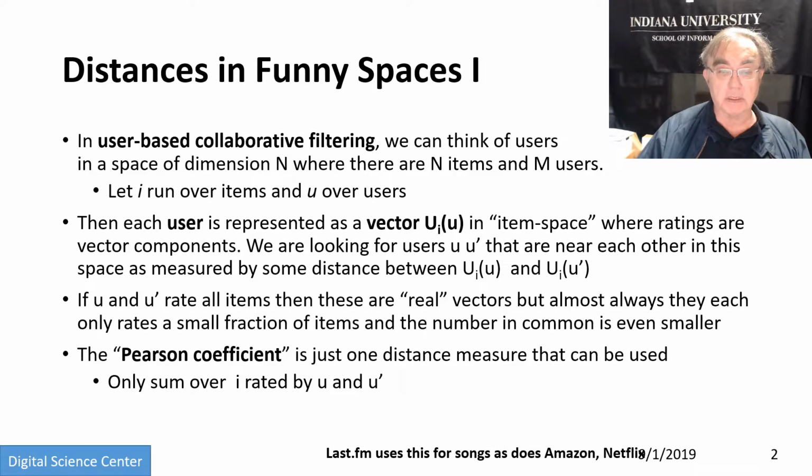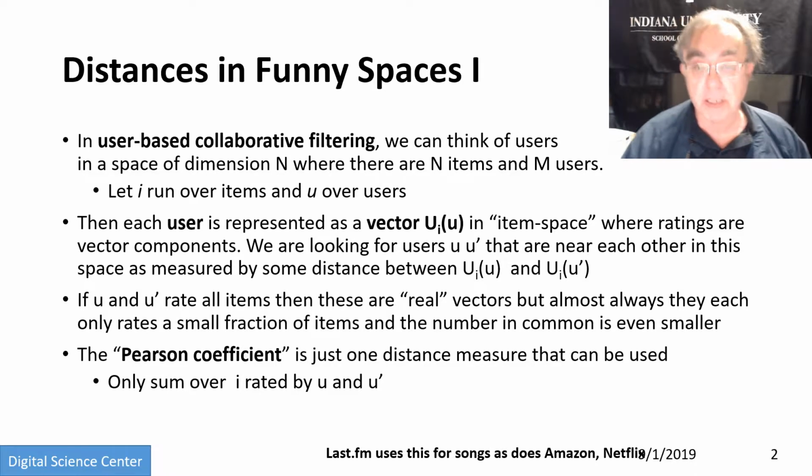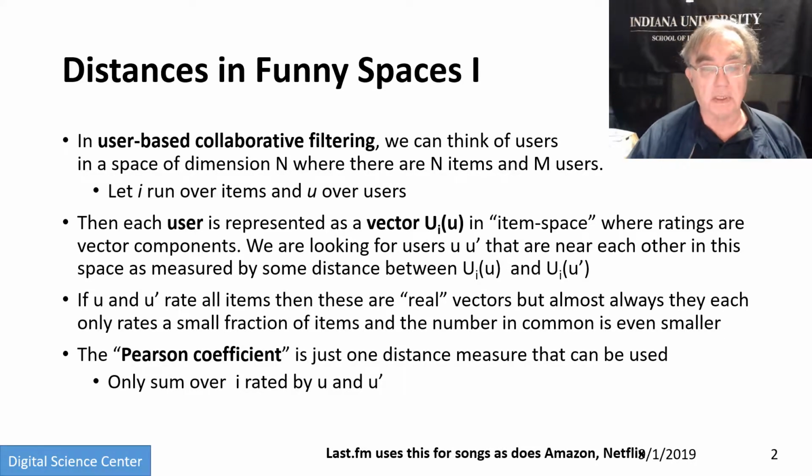This is not like if you do a Euclidean distance, then you put 0 if the person didn't rank it, that would give you a very different answer from the Pearson coefficient, and it doesn't have the usual properties of distances because it just excludes lots of components. So it violates all the conditions that give you the Euclidean spaces.